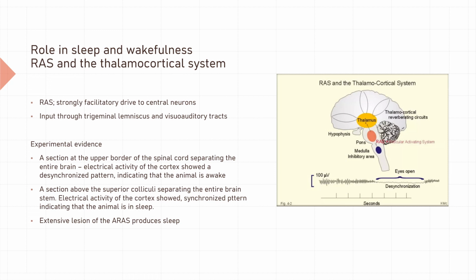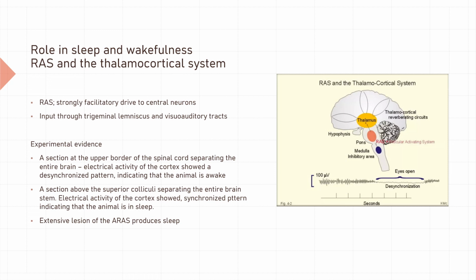So this slide is again repetitive of the ascending reticular activating system, which plays a role in consciousness and arousal. It basically summarizes and gives experimental evidence of how, in an animal model, when the upper border of the spinal cord was cut, the electrical activity of the cortex showed a desynchronized pattern, indicating that the animal was awake.